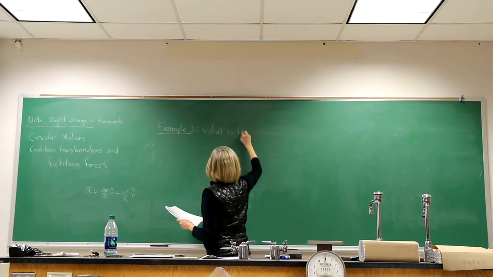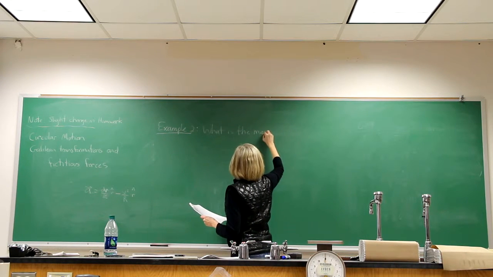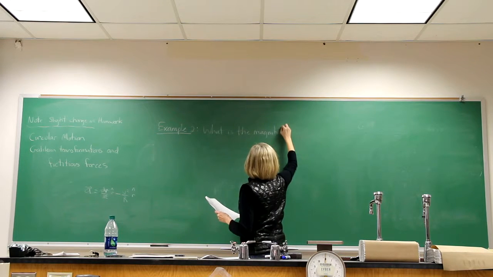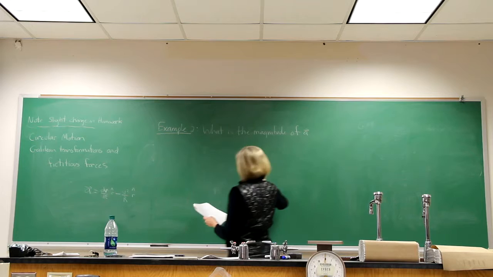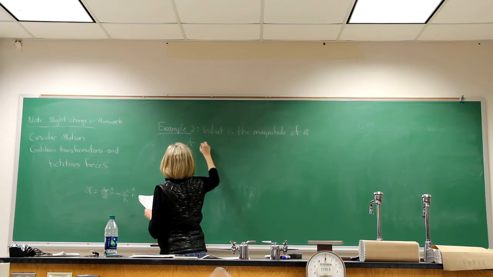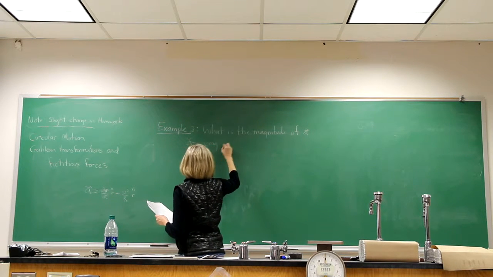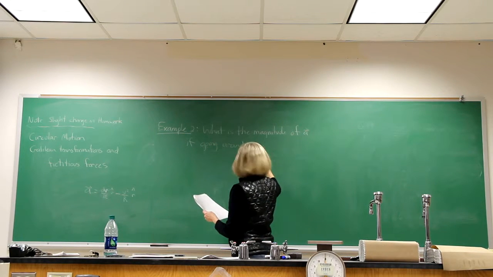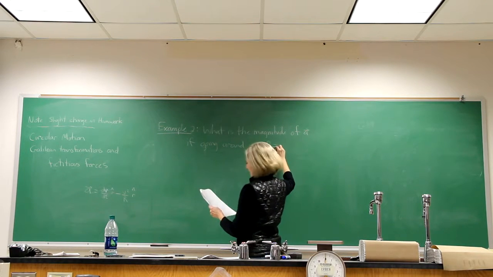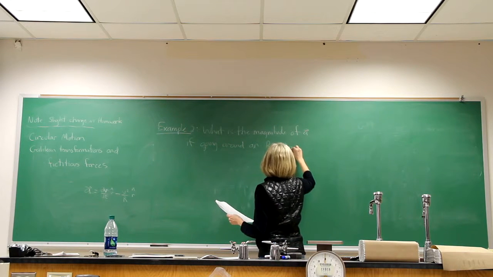What is the magnitude of a if going around an R equals, let's make it 10-meter circle.